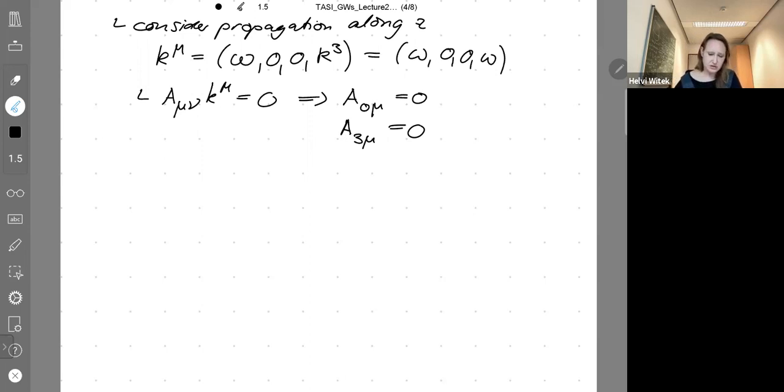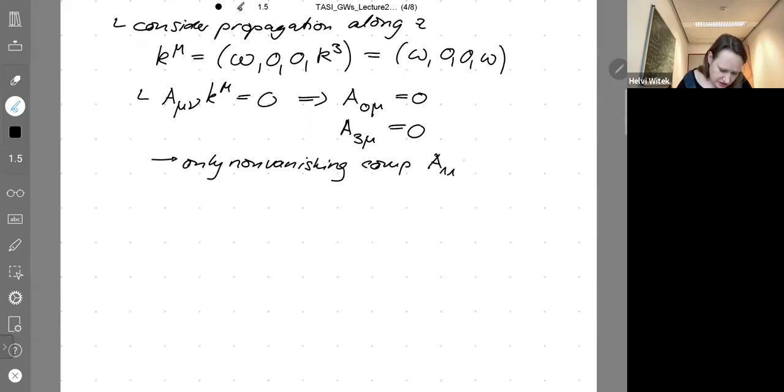If we insert all the properties that I have listed on our previous slide, then the only non-vanishing components are A11, and because of the tracelessness, this is actually minus A22, and we label that as H plus.